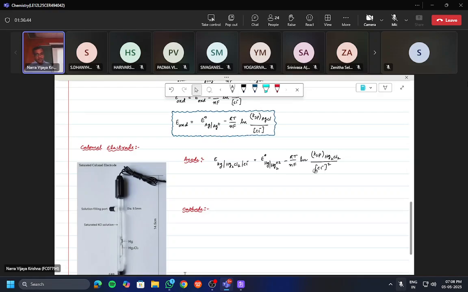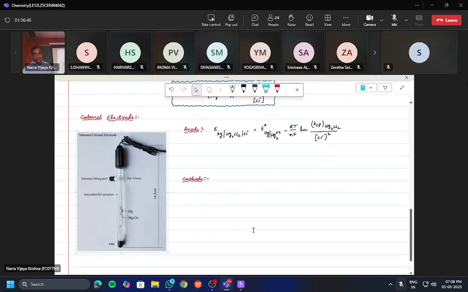Now, as cathode. E reduction is equal to E naught of Hg2 plus 2 to Hg, minus RT upon NF log of Cl minus square upon Ksp of Hg2Cl2.